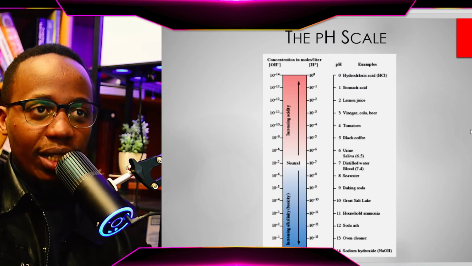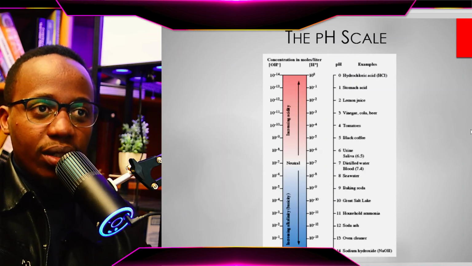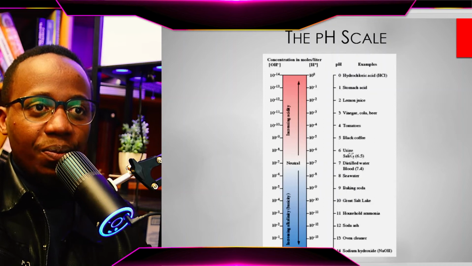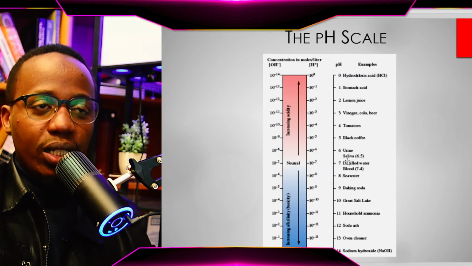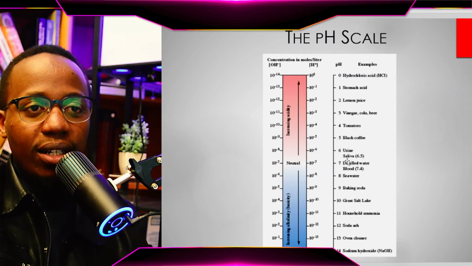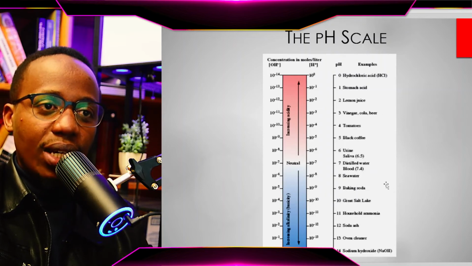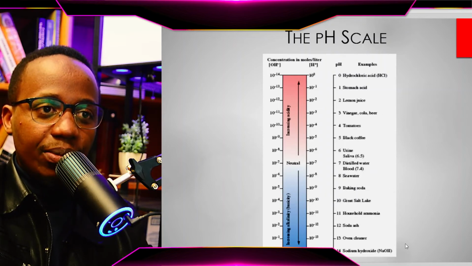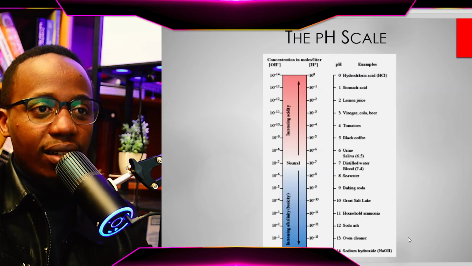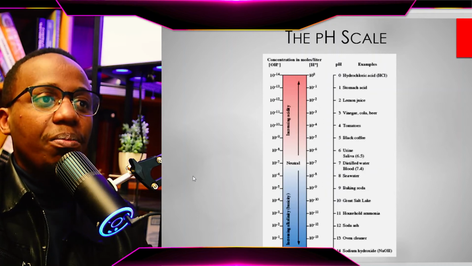Coffee is a little bit acidic, tomatoes, saliva is a little bit acidic. And then in the middle, you have 7, which is pure distilled water. Pure distilled water is 7, it's neutral. Your blood is about 7.4. And then baking soda is basic. Oven cleaner is basic and things like that. NaOH is a very strong base.